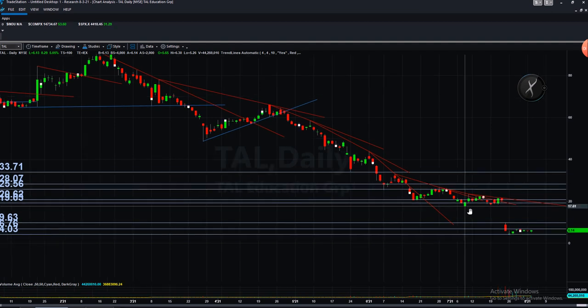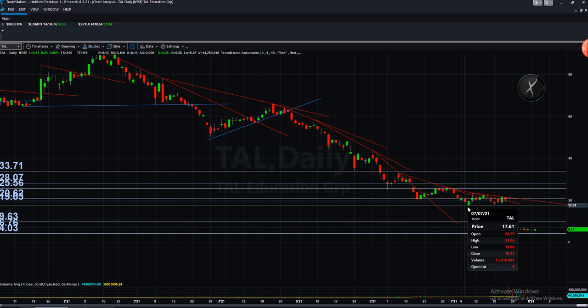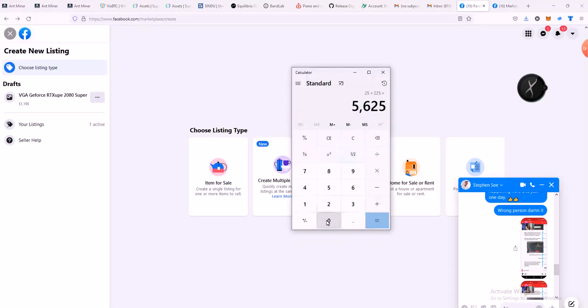I'm really looking forward to this 17 and 30 cents area. All right, so 17 and 30 cents minus $6 is, okay, $11.30 is going to be our spread, our potential. Okay.